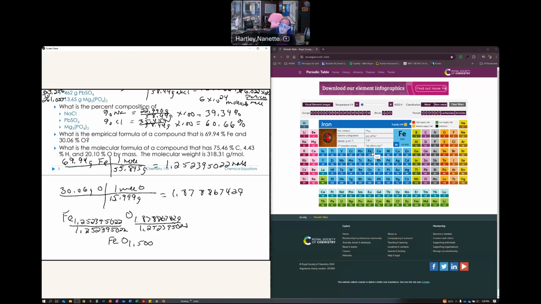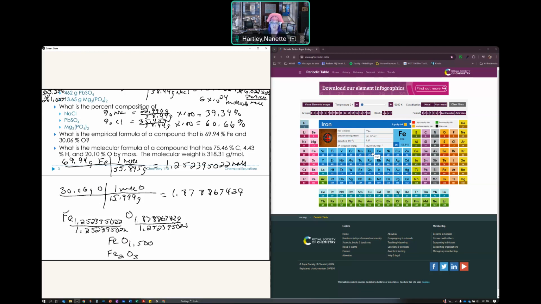Now, there's a whole bunch of other digits too, but I'm going to leave it as 1.50. I do that because I had 4 sig figs here, so I'm leaving it as 1.500. And because it's a 1.5, that's not a whole number, so I'm going to multiply this whole thing by 2, which means I get Fe2O3.